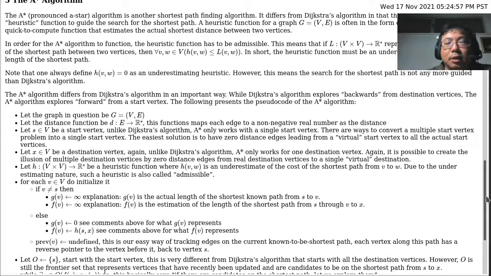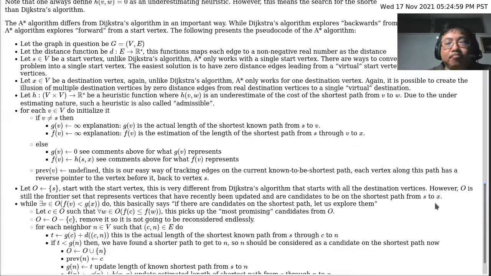The next one is a little bit cryptic, because we have a pref function. So the pref function is basically just asking, in order to get to a particular vertex, how should I get there? So it's keeping track of back pointers.